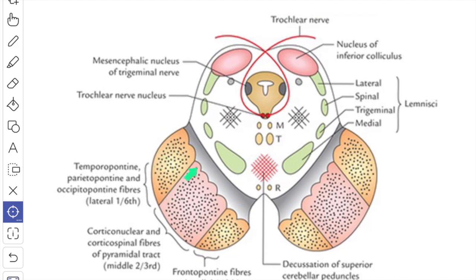So the middle two thirds is occupied by the corticospinal and corticonuclear fibers, the medial one sixth by the frontopontine fibers, and the lateral one sixth by the temporopontine, parietopontine and occipitopontine fibers.